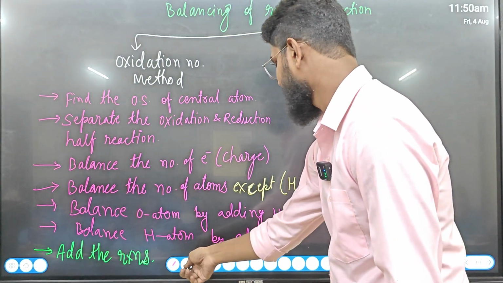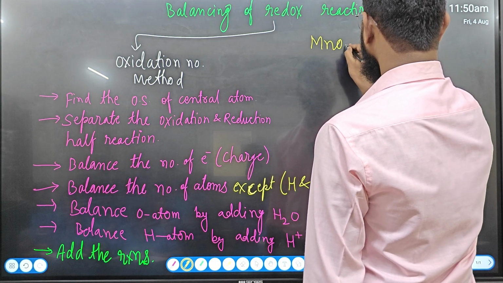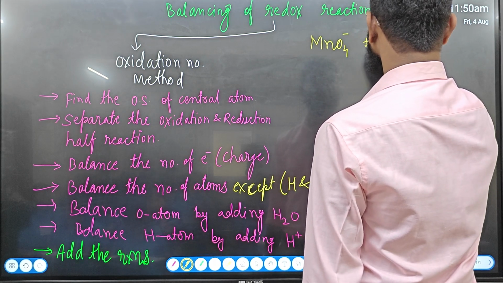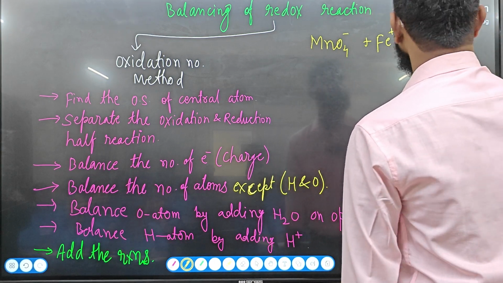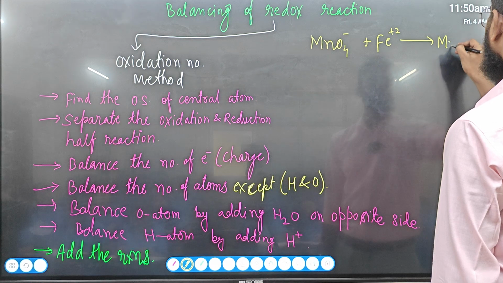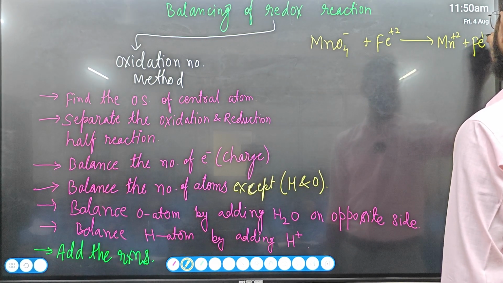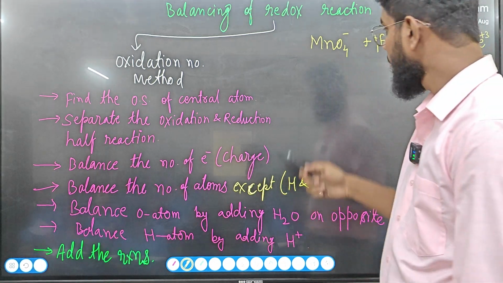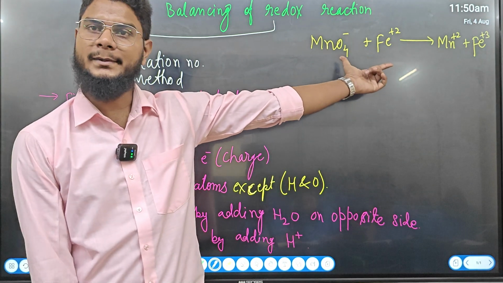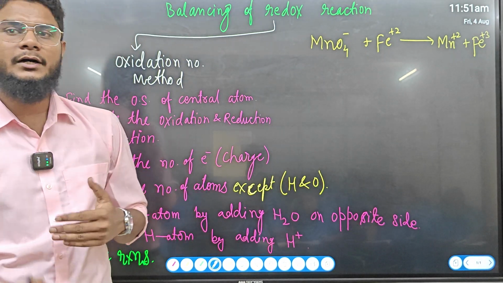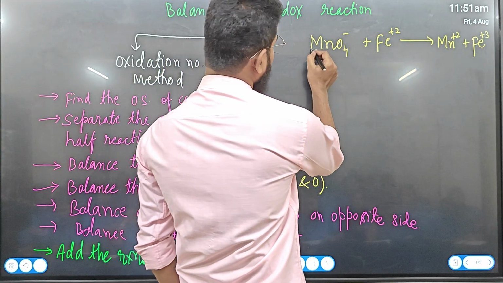So you have one example. The reaction is MnO4 minus plus Fe plus 2, forming Mn plus 2 and Fe plus 3. You have to balance this. First of all, you have to find the oxidation state. Find the oxidation state of Mn.